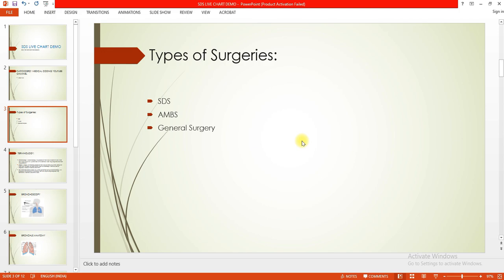So what is general surgery? Someone told they are doing general surgery, correct? What is general surgery, guys? Anyone knows? Basically this is simple. A general surgeon will perform the surgeries which are not related to a specific system.